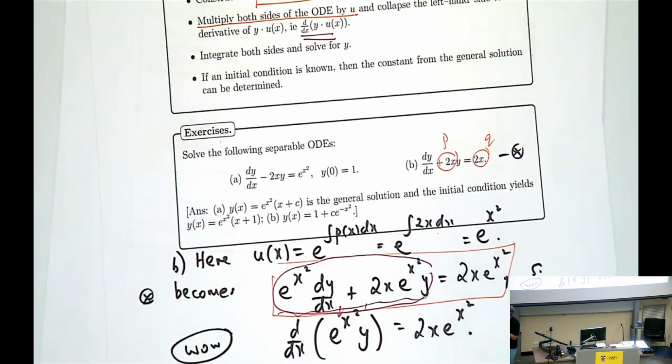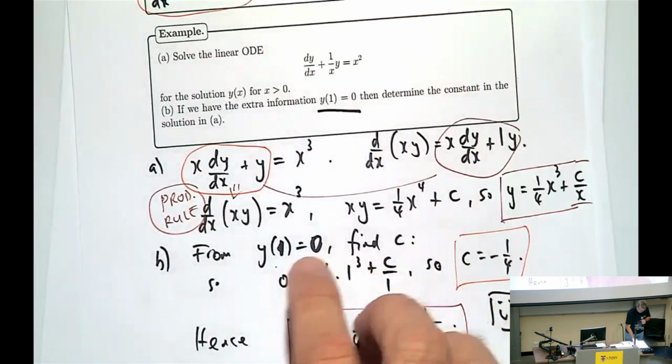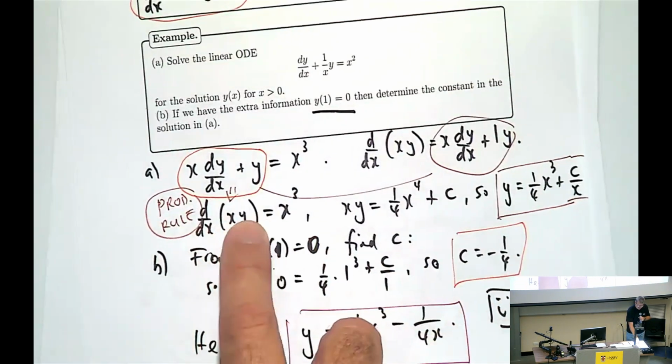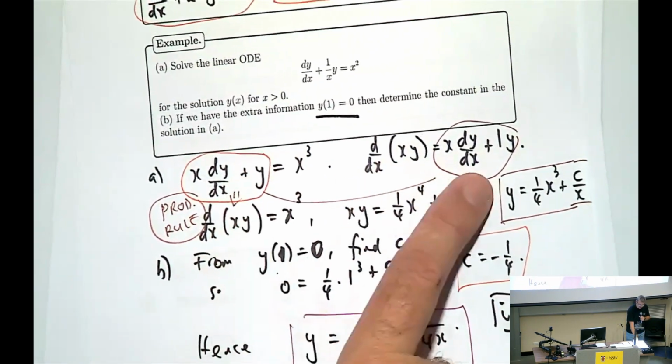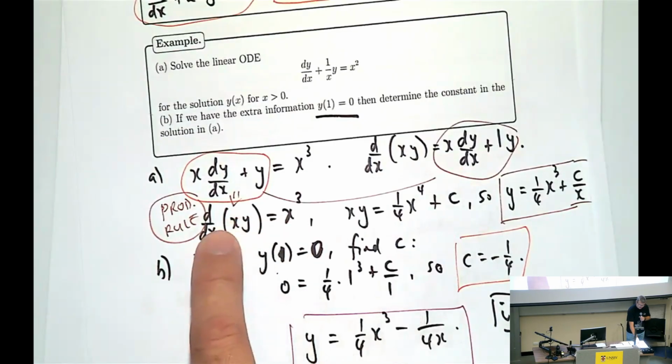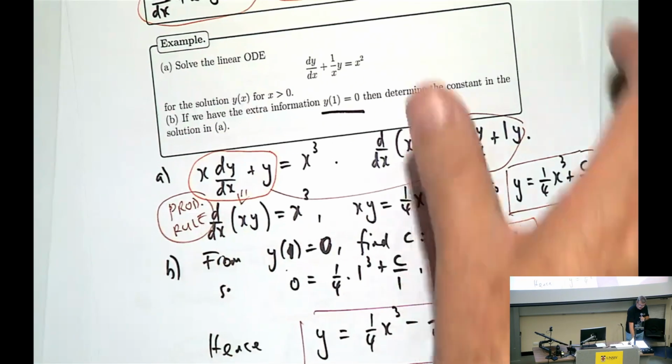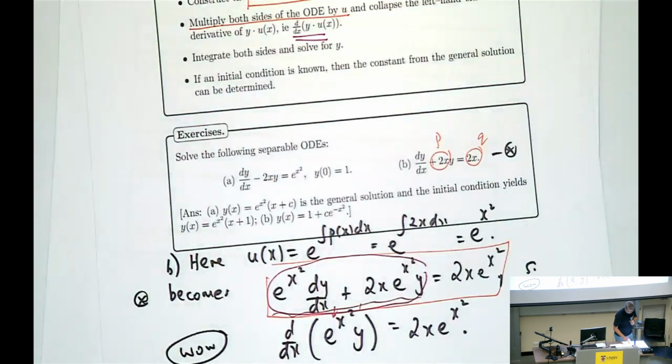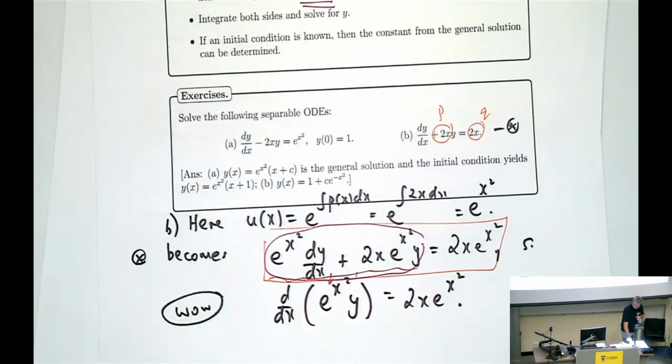You can expand the bottom line if you want to, and you'll get the left-hand side of the previous line. But now we're in the zone where we were in the previous question. We didn't have to multiply by anything crazy in here. So what do we do here? We're going to integrate both sides.